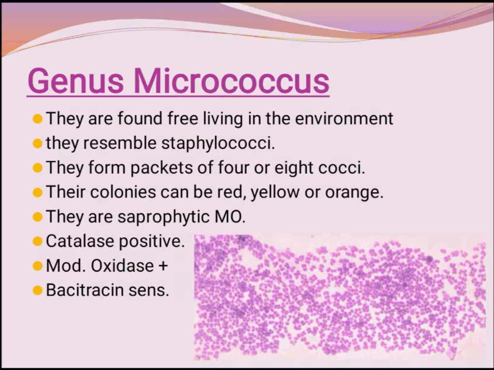They are saprophytic microorganisms, which means that they are present in the environment or on the skin without causing any type of infection. Only in case of immunocompromise can they cause serious infection.